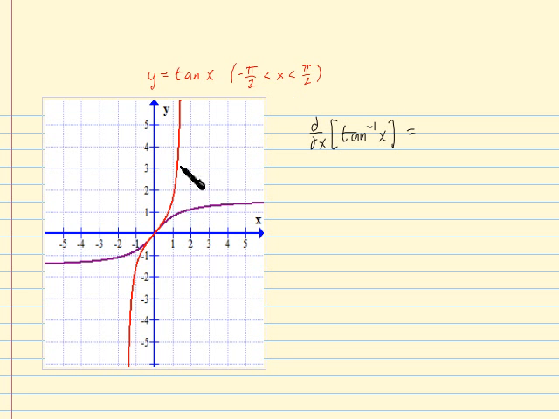Of course, this is precisely the function that when we find its inverse, we get the inverse tangent function shown here in purple. So let's label that. Now if we're after the derivative of the inverse tangent, then whatever this is should give me the slope of a tangent line to this purple curve at some given input x.